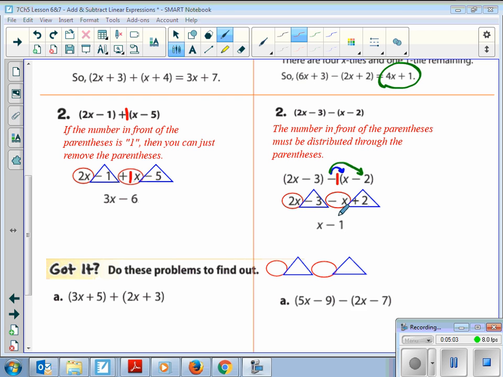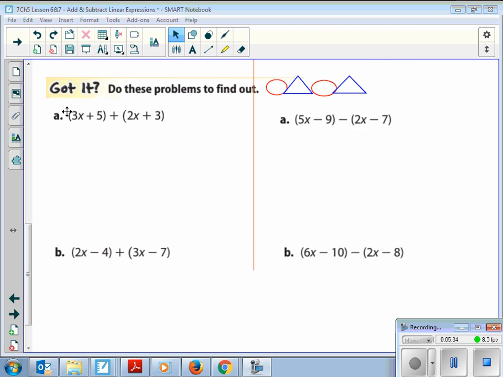Does everybody see that? And then we have negative 1 times negative 2, which gives me a positive 2. So once we have distributed that negative 1 throughout the parentheses, then we can combine our like terms. So 2x minus 1x is equal to 1x, or just x. And then negative 3 plus 2 gives me a negative 1.